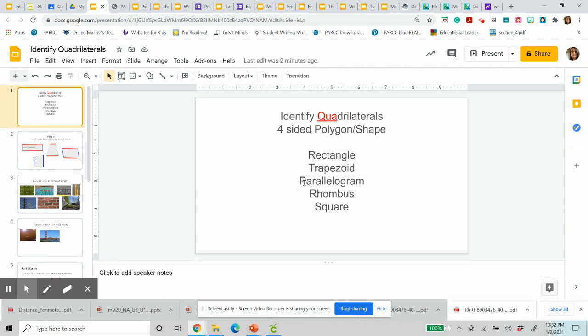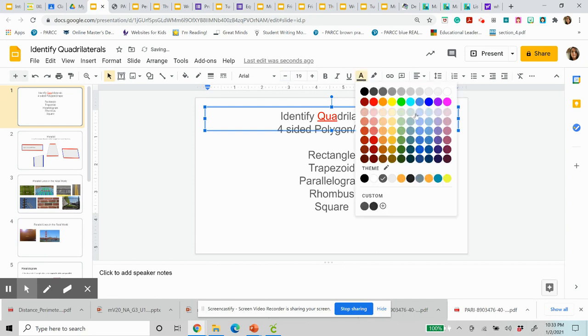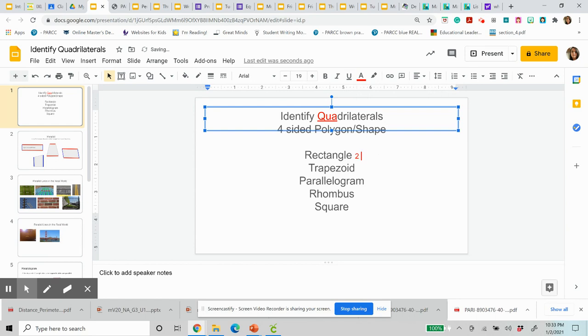Okay. And actually, if I were to say, right, this has two, in a different color, a little bit. This, a rectangle, has two pairs of parallel lines. Okay, two pairs, right? A trapezoid, what makes it different than all of these? The trapezoid is the one that has only one pair.